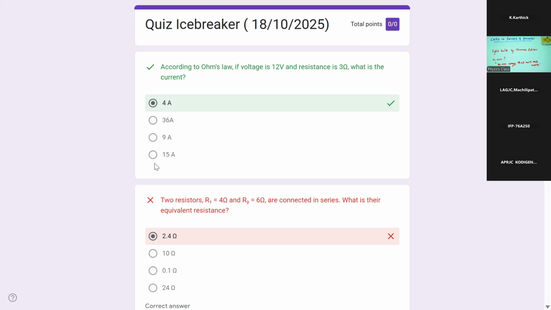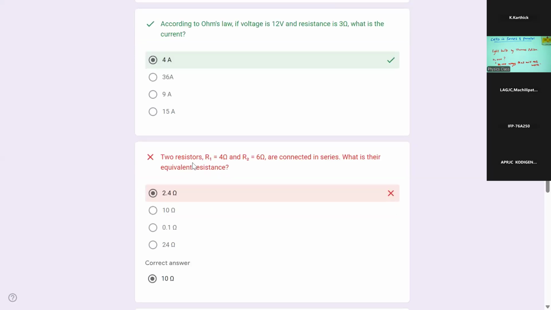So 4 into 3 is 12. So 4 ampere is the correct answer. Very good. So V is equal to IR. Next question: two resistors connected in series, then for the equivalent resistance formula, you just add the individual resistances. Someone told 10 ohm, which is the correct answer.